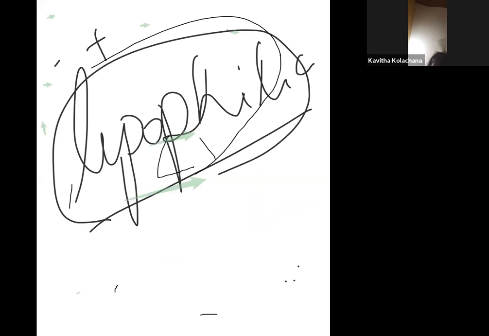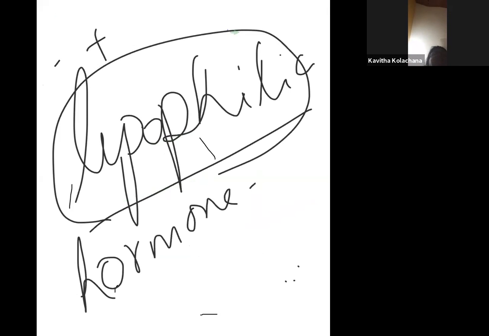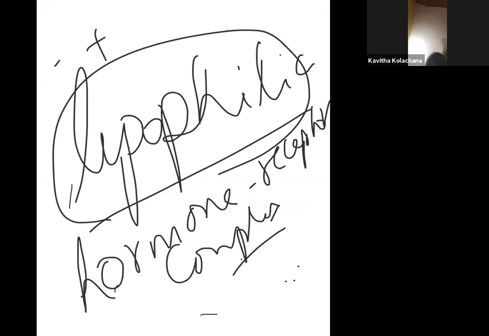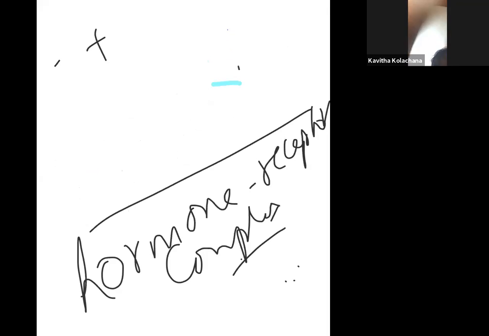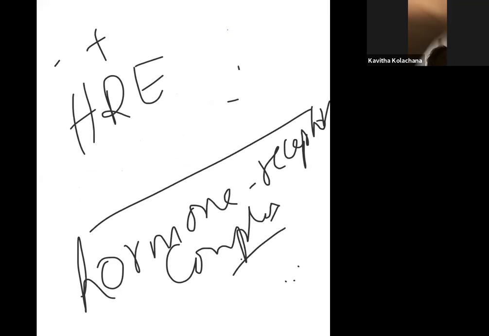Now what happens? Just like enzymes form a complex, here also a hormone receptor complex is formed. The hormone receptor complex attaches itself to specific regions on the DNA, on the genetic material. When they combine with the specific genetic material, they are called HRE. What is the full form of HRE?